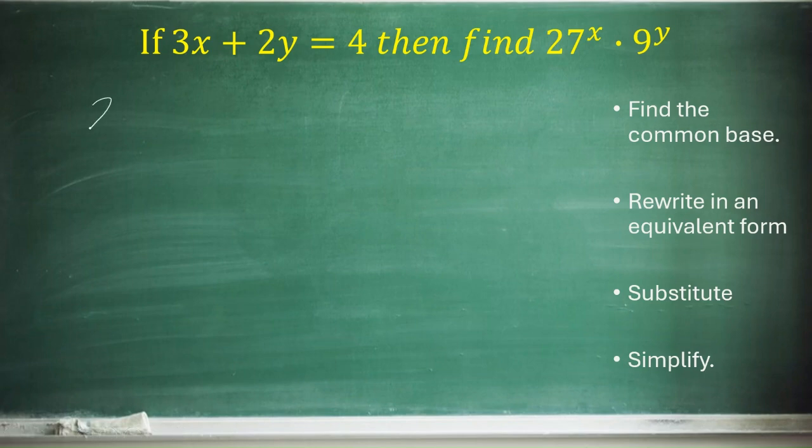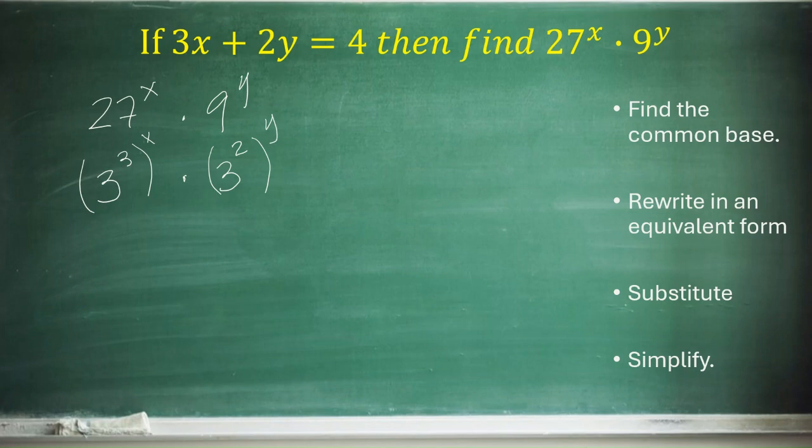What I know about 27 to the x and 9 to the power of y is that they both can be rewritten in base 3. So 27 is really 3 times 3 times 3, or 3 to the power of 3, to the power of x. And then 9 can also be written in base 3, and 3 to the power of 2 makes 9.